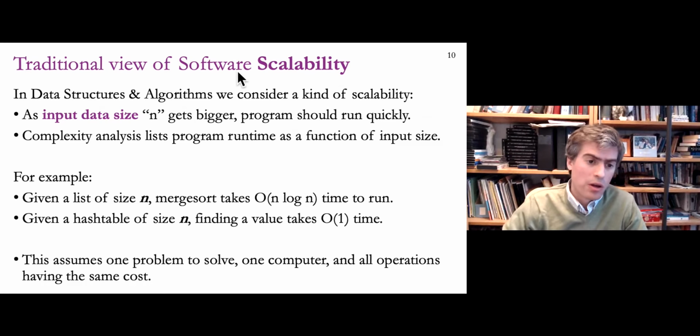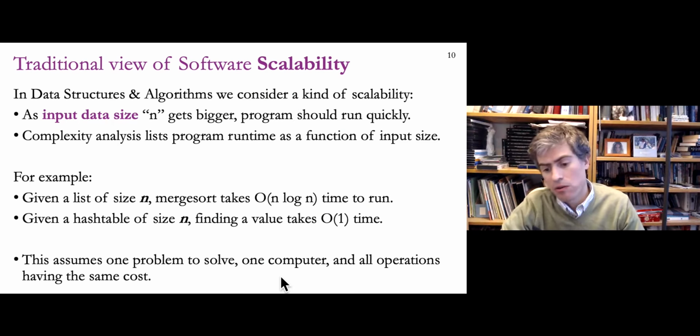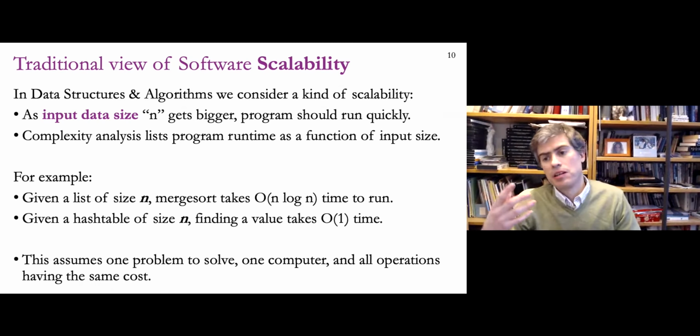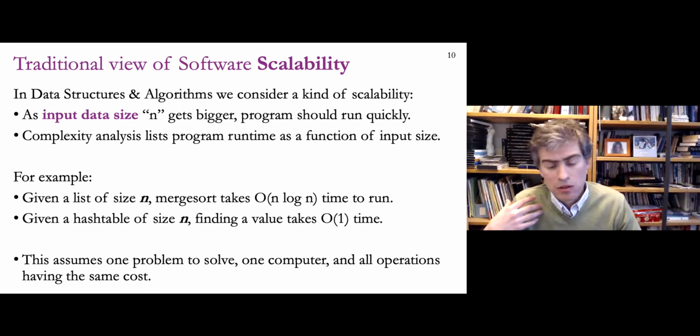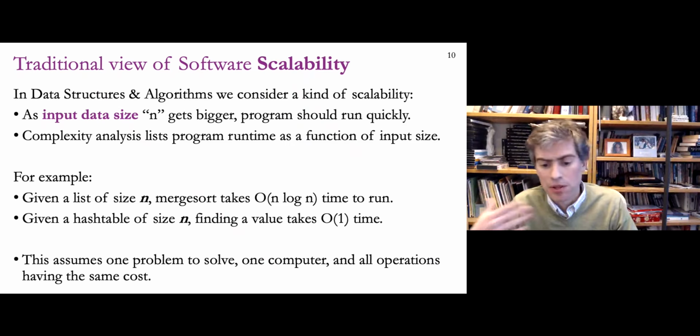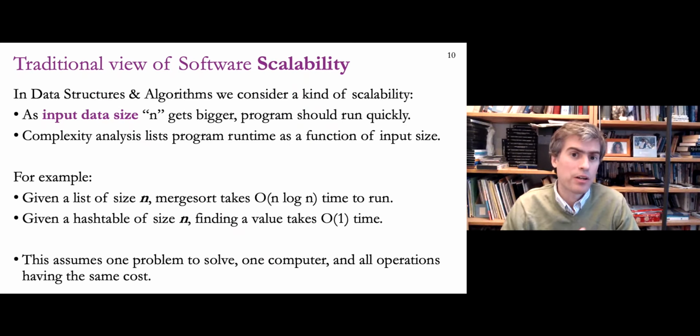class. So in this traditional view of complexity analysis, we're assuming that we have one problem to solve and we have one computer. All operations have the same cost, and we want to optimize our algorithms to do the best possible job with that one problem on that one computer, which is all well and good, and you need to know that stuff.